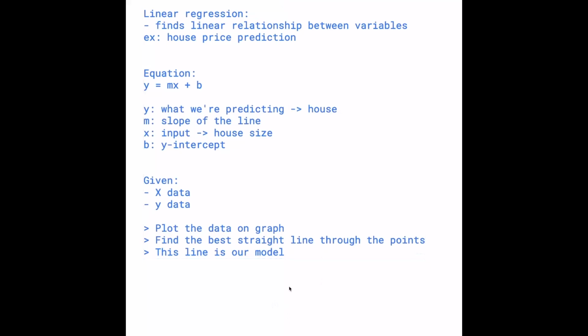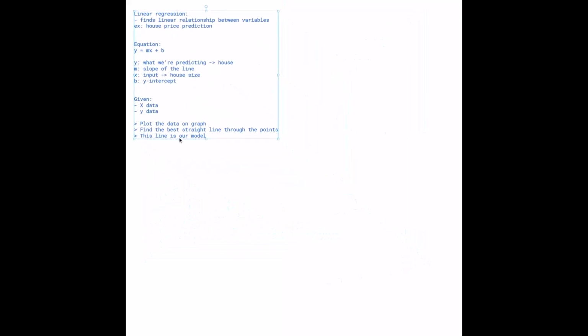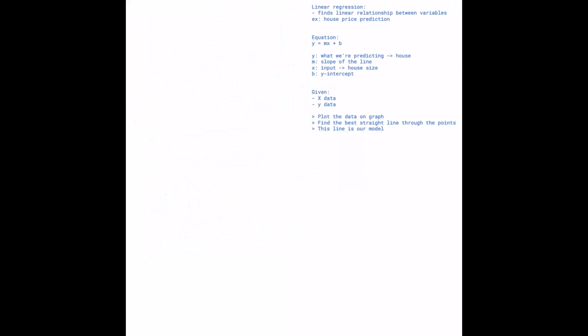So let's talk about some advantages and limitations of linear regression. Pros and cons.